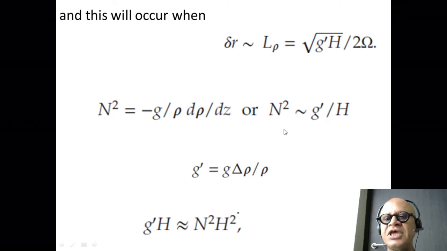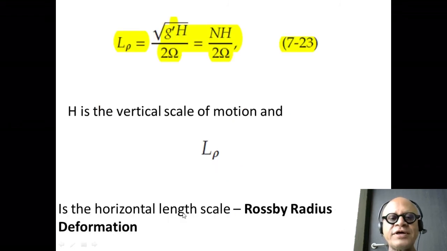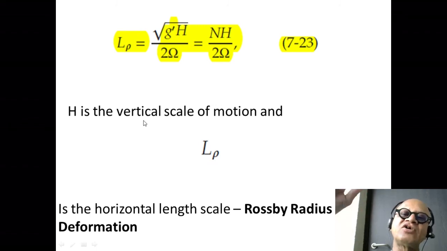So you get N squared h squared equals g prime h. So then our L rho essentially becomes square root g prime h over 2 omega, which becomes N h over 2 omega, where h is the vertical scale of motion.